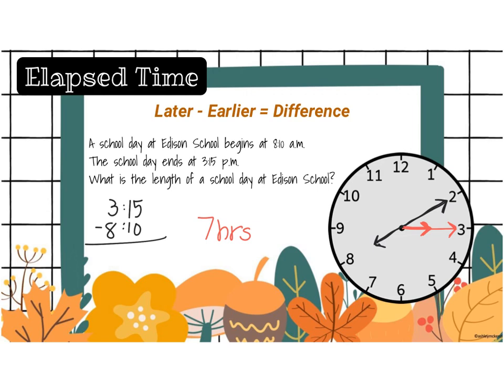You want to compare how far around I went from this hour hand all the way to this hour hand, and then from my minute hand to my other minute hand, to figure out the duration. So in times like this, when we're dealing with actual time frames, AMs and PMs, sometimes it's more helpful to draw a clock and then work it out, count around the clock to figure that out.